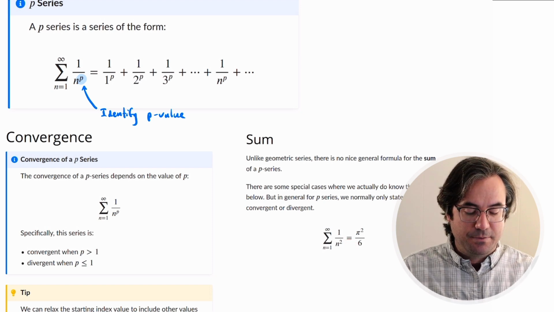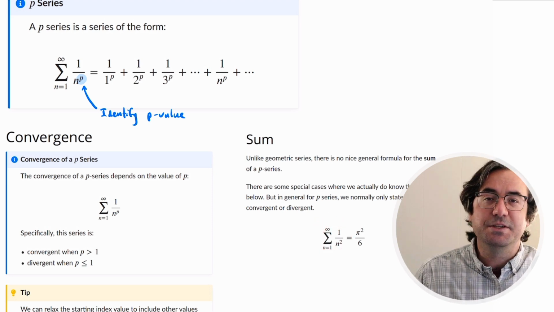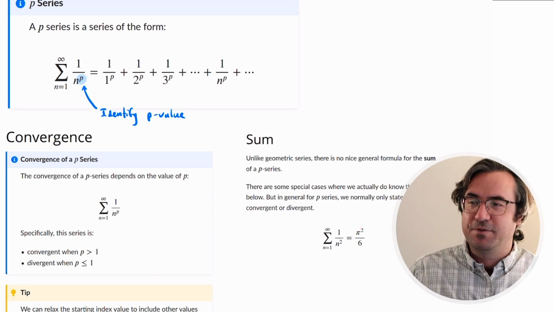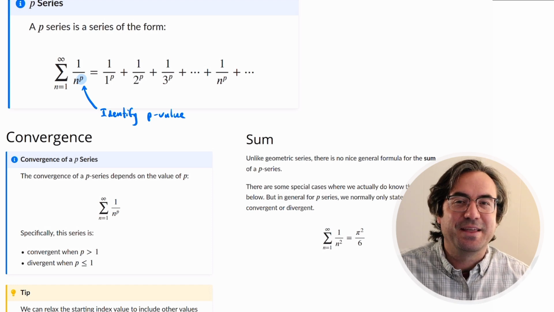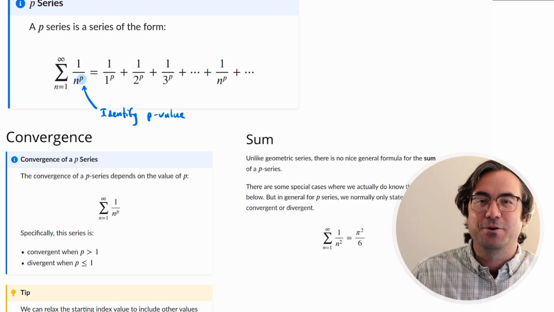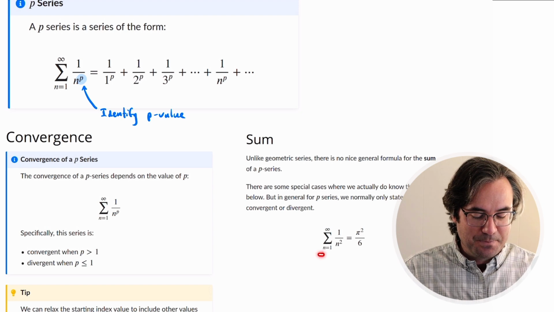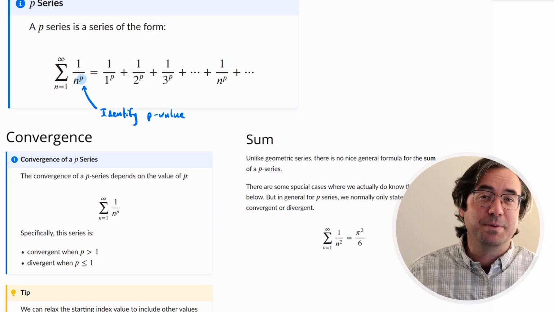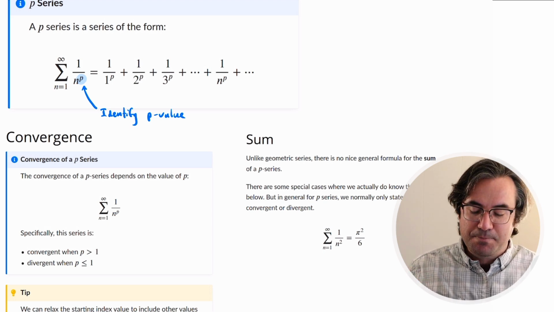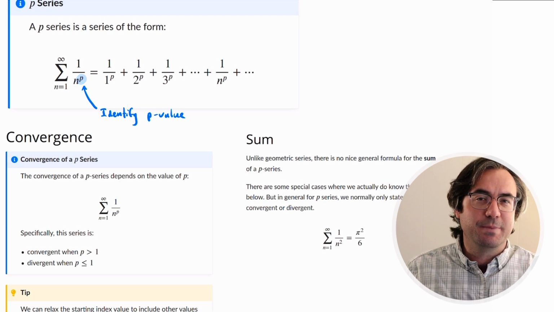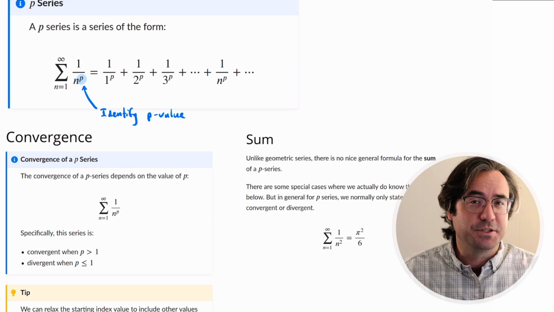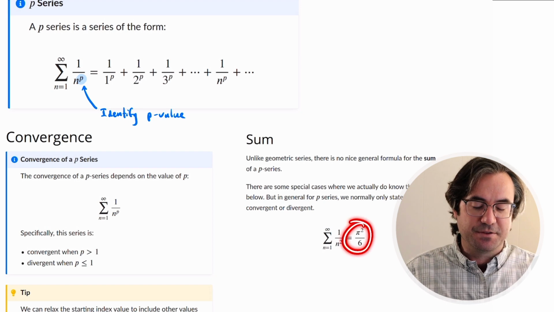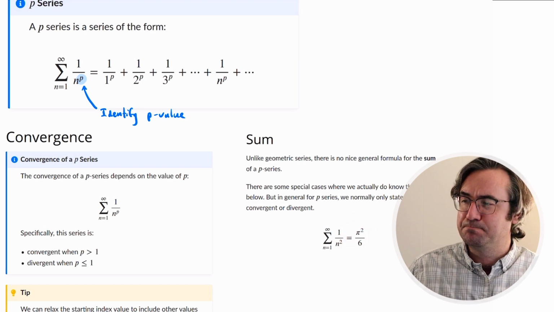As an example, for the p-series with p equal to 2, you can prove, though it's very difficult, that the sum is equal to pi squared over 6. In some cases the sum is known for a p-series, but in a lot of cases we're primarily interested in knowing whether the series converges or diverges. We're not going to be able to get the sum value in most cases.